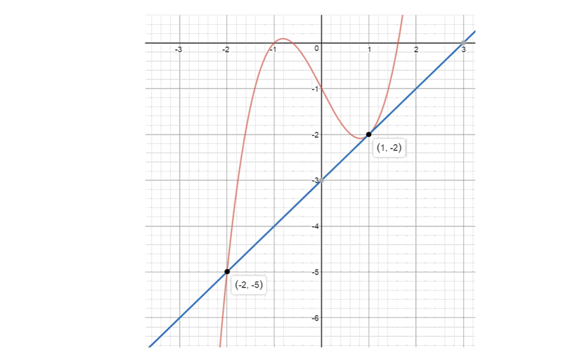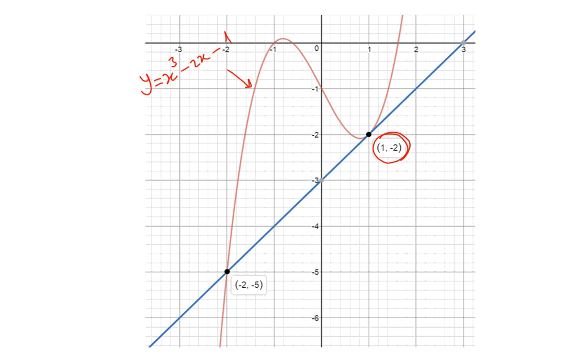If I look at a graphical representation of this scenario, this is the curve of the function y equals x cubed minus 2x minus 1. This is the point of contact, 1 and -2.